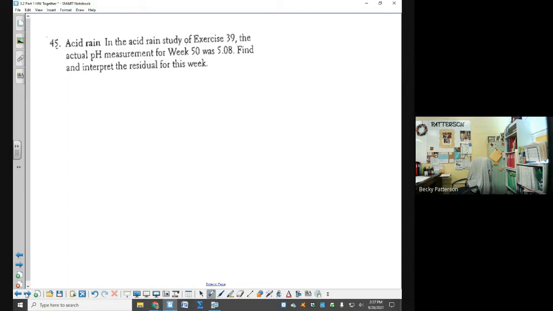All right, 45. In the acid rain study of exercise 39, the actual pH measurement for week 50 was 5.08. Find and interpret the residual for this week.